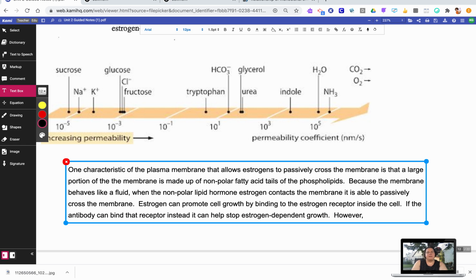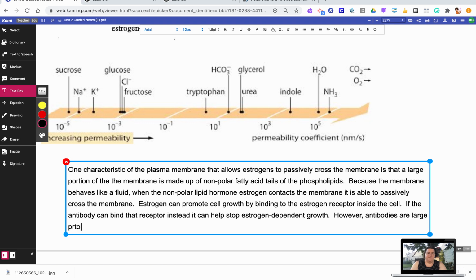we're talking about membrane permeability here. Antibodies, this is just something you have to know, are large protein molecules.